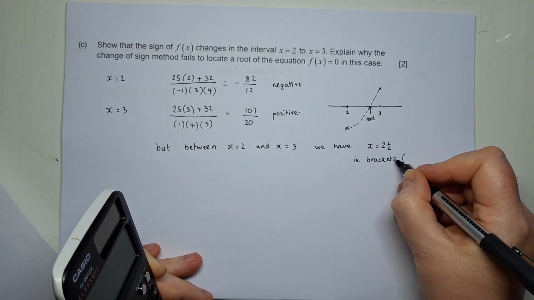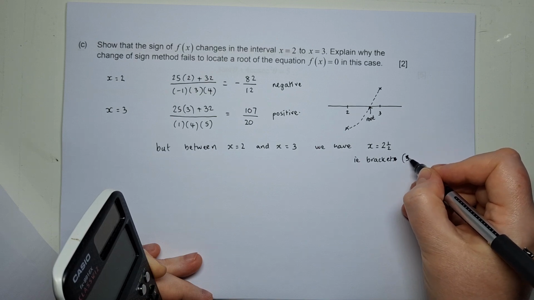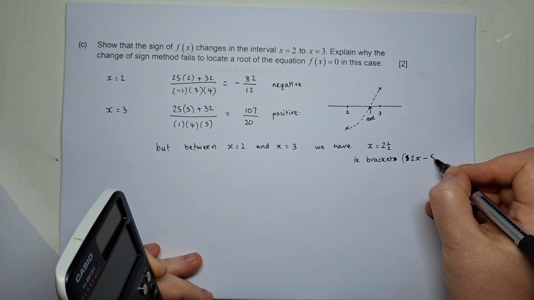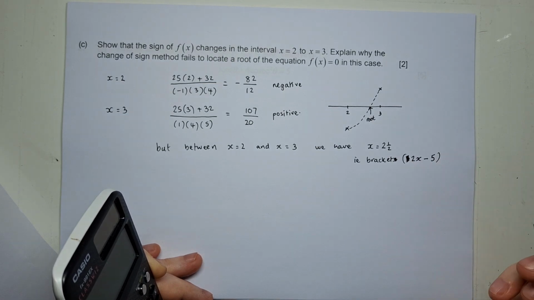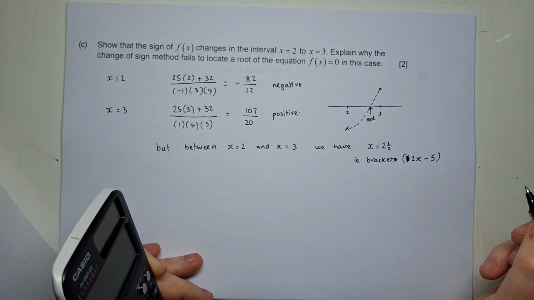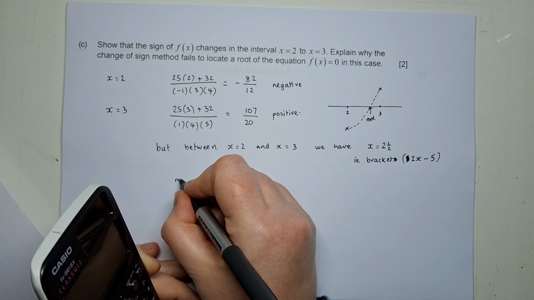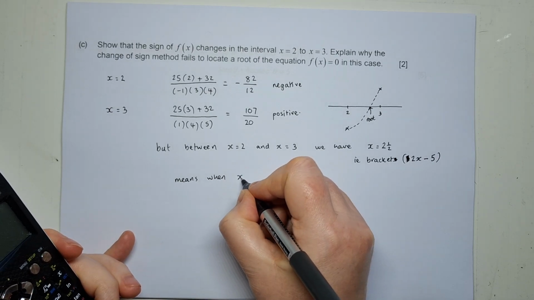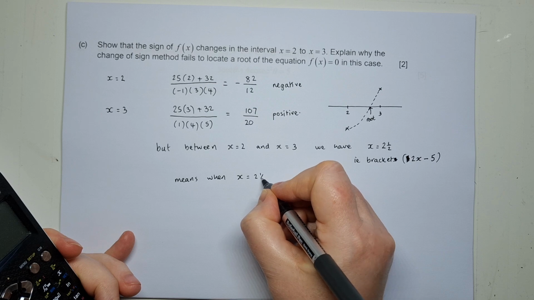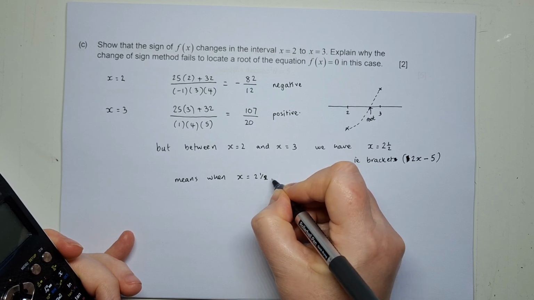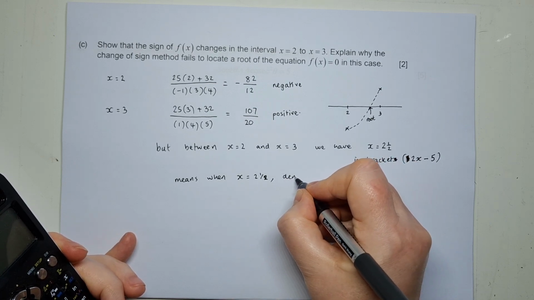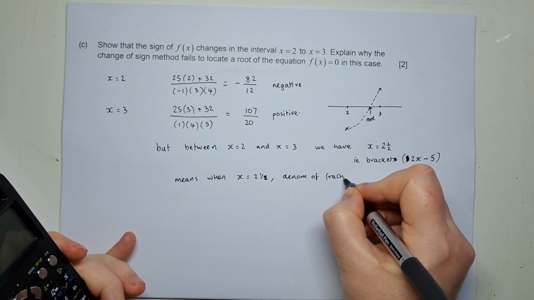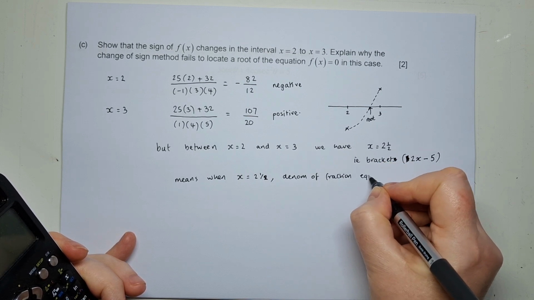Remember, we had a bracket 2x minus 5, and our bracket of 2x minus 5 would mean that when x is 2.5, or 5 halves, then the denominator of the fraction is going to equal 0.